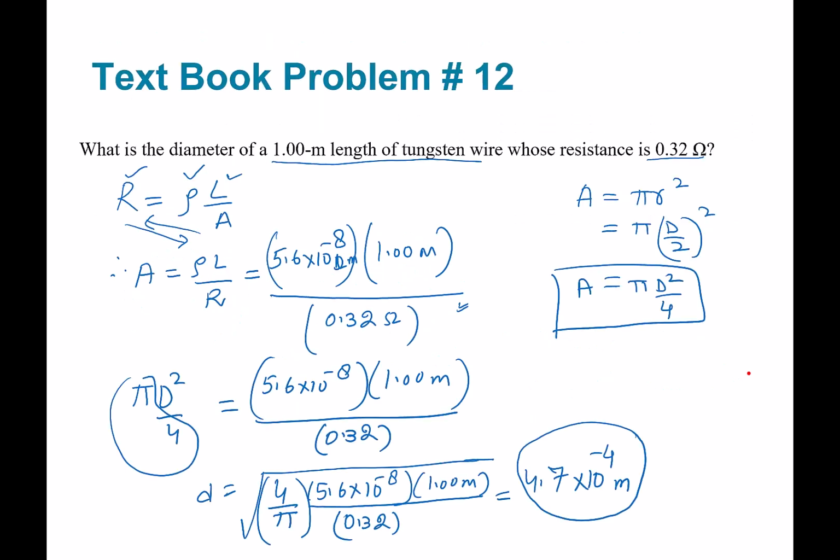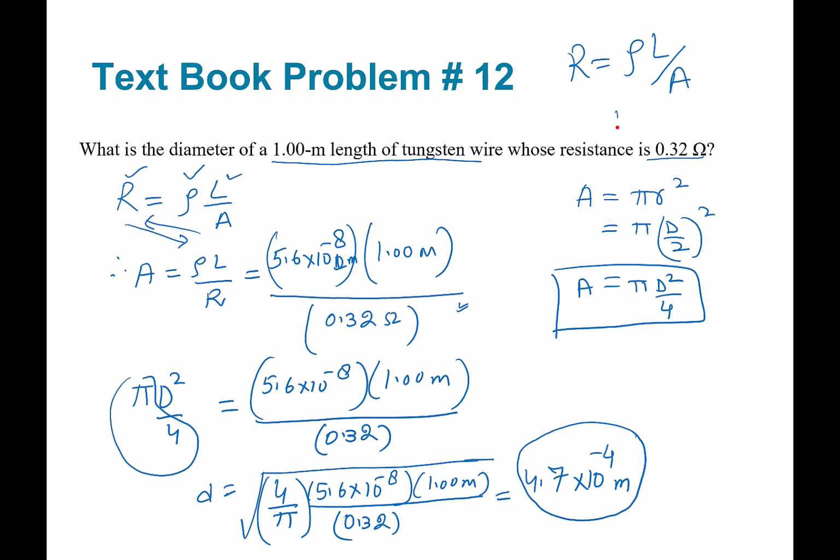Then I went ahead and tried to solve one of the textbook problems, which asks: what is the diameter of a 1 meter length of tungsten wire whose resistance is 0.32 ohms? Again, you use the equation R equals rho L over A, and basically you find the area.